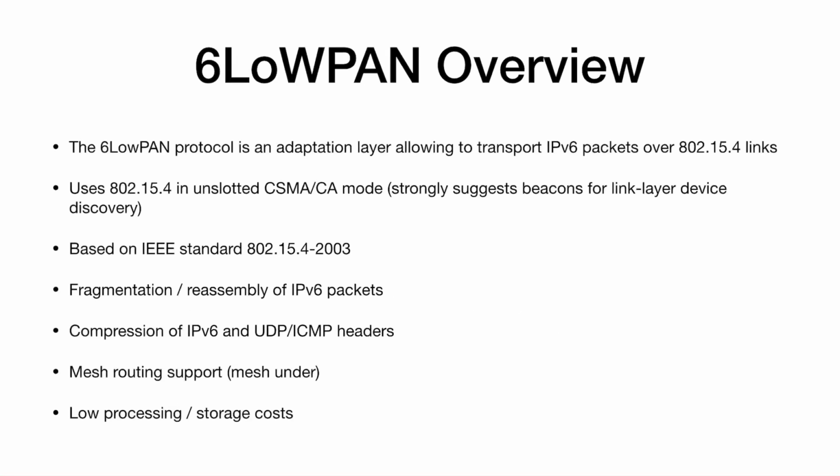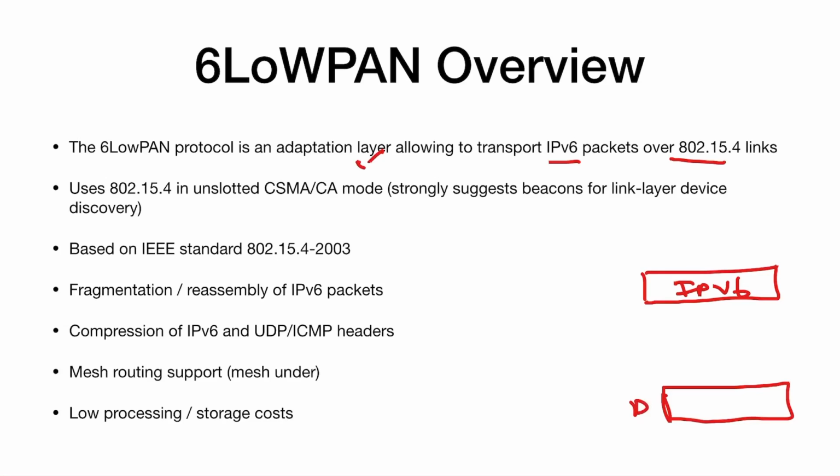Now in the 6LoWPAN overview, the 6LoWPAN protocol is an adaptation layer for transporting IP version 6 packets over 802.15.4. As we have seen, here we have the network layer with IPv6, the data link layer, and the PHY layer, which is 802.15.4, and this IP version 6 packet has to go there.